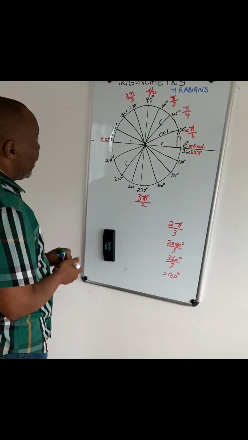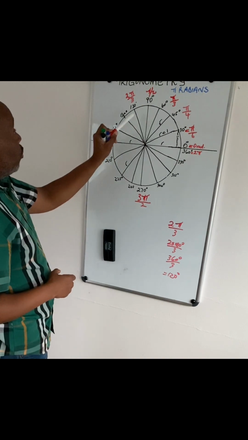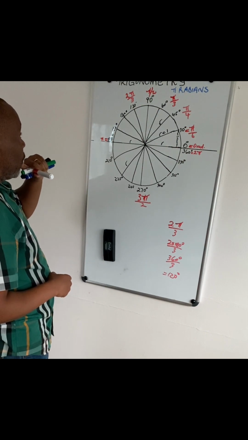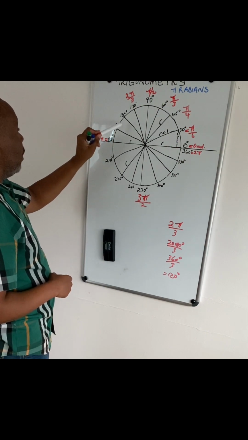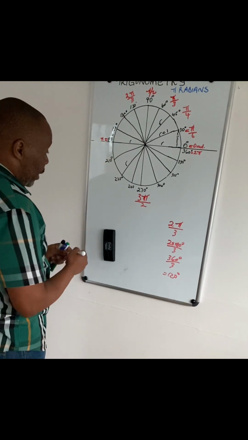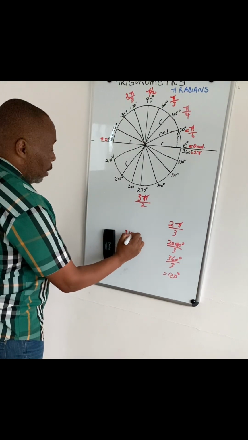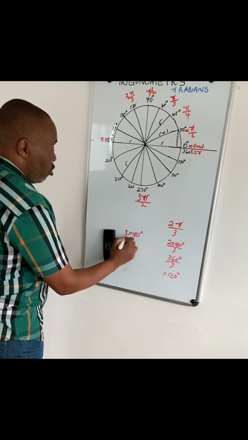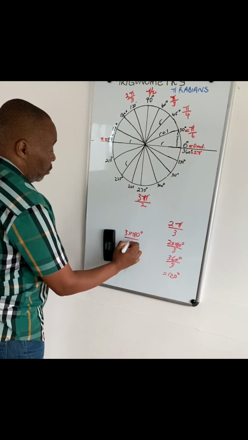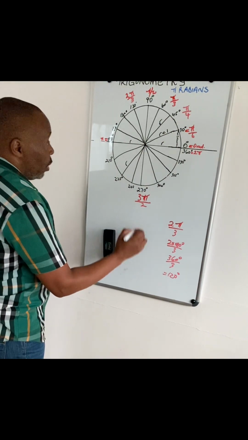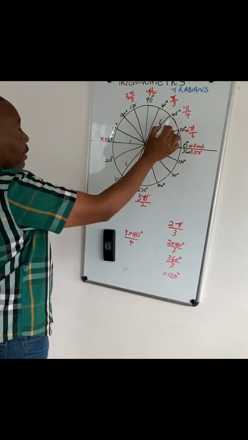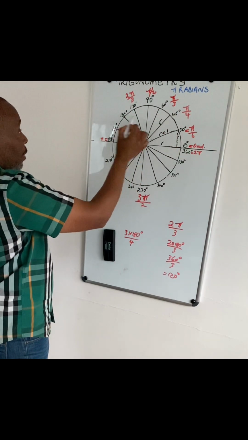Now let's go to 135. So if this is 2 pi over 3, this should be 3 times pi. Let's try 3 times 180 degrees over 4. I want you to notice this thing. Since these are equivalent, these are the same angles, right?